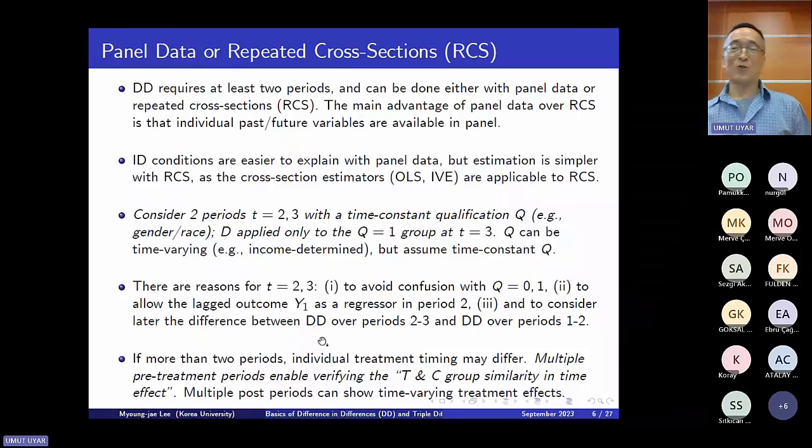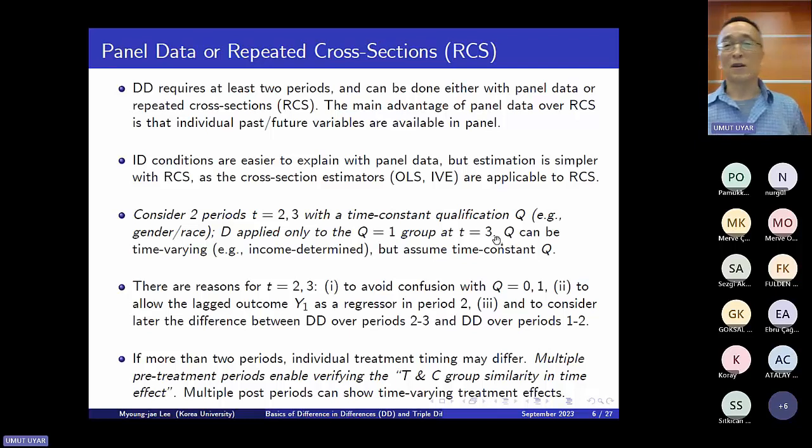Okay, getting to a more specific, more detailed explanation of DD, I will consider two periods, T2 and T3, with the qualification Q being time constant. And I'll assume the treatment is applied only to the Q=1 group at T3.